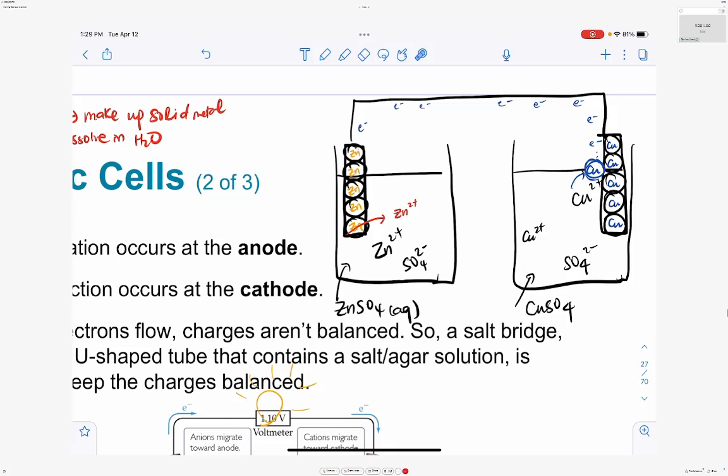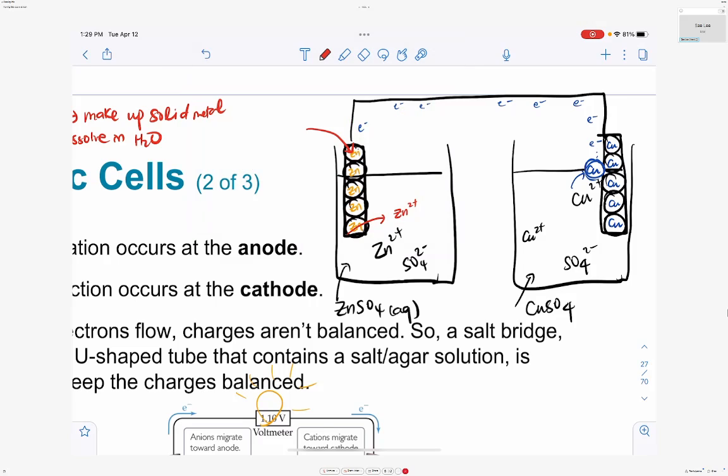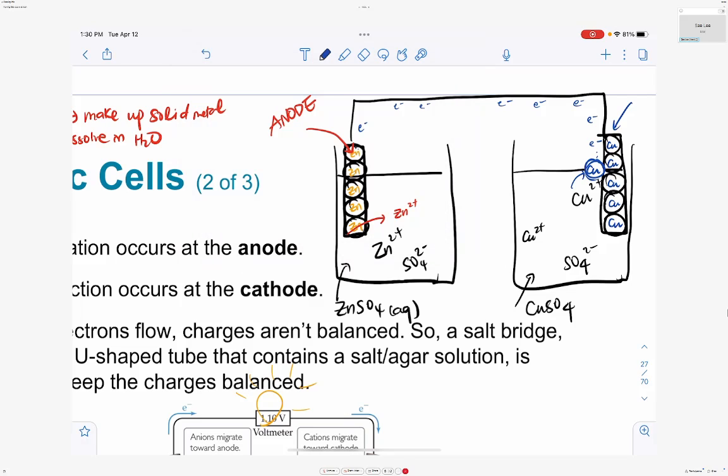Okay, so the site where oxidation occurs is called the anode. This is an oxidation site. The site where reduction occurs is called the cathode. Since oxidation occurs on the left beaker, the left side is the oxidation site.